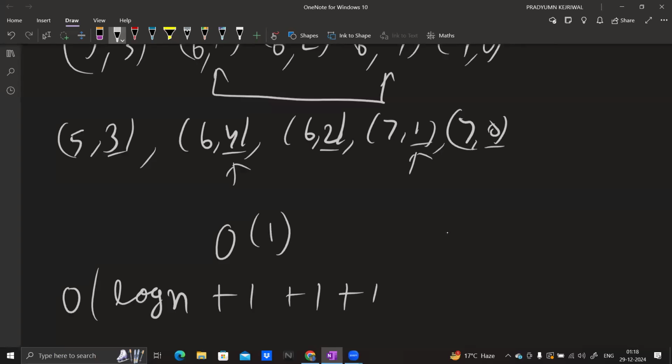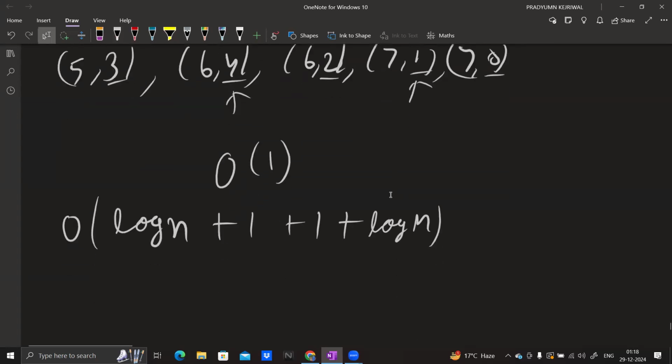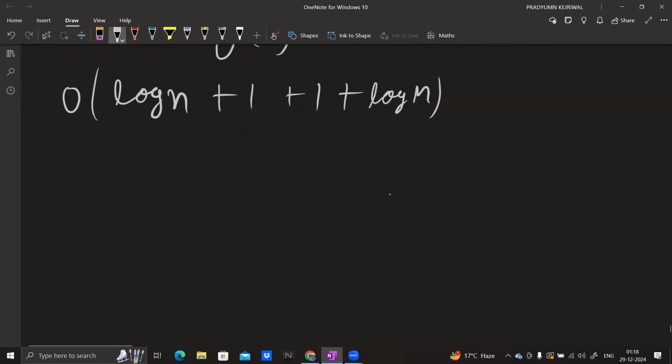Or actually, for dividing, we need O of log mod because of the modular inverse. So log mod. So yeah, this is the per query time complexity. So the final complexity is O of Q into log n plus log mod.